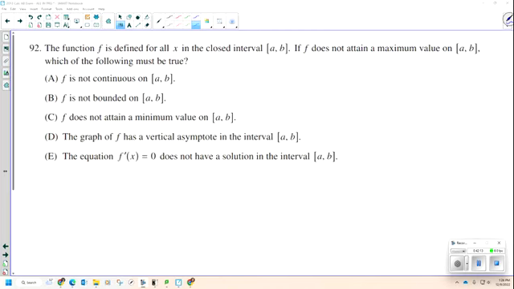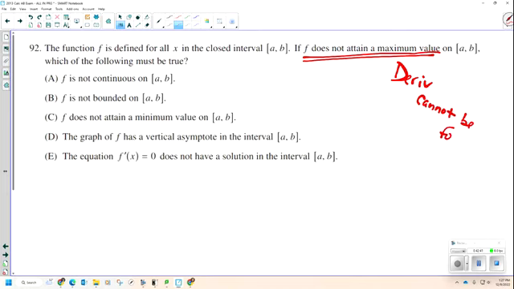Do you see the fact that f does not attain a maximum value? It doesn't mean it doesn't increase. That means at some point, the derivative can't be found if it's not continuous.